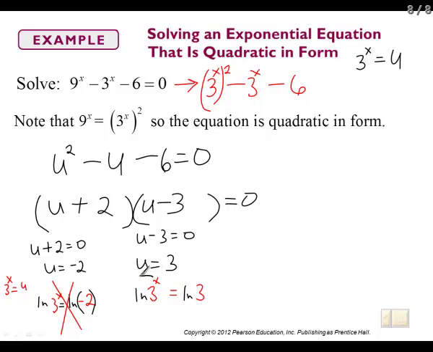You should have said we're going to bring that x down. So we get x natural log 3 equals natural log 3. And so we divide natural log 3 by natural log 3, and anything over itself is 1 except for 0 over 0. And so we get x equals 1.